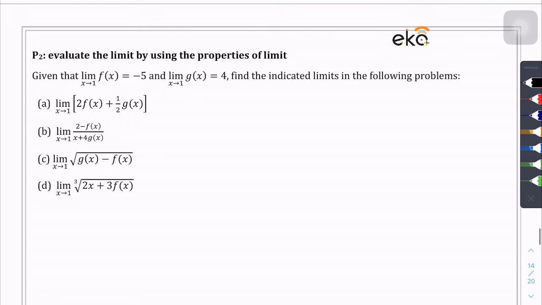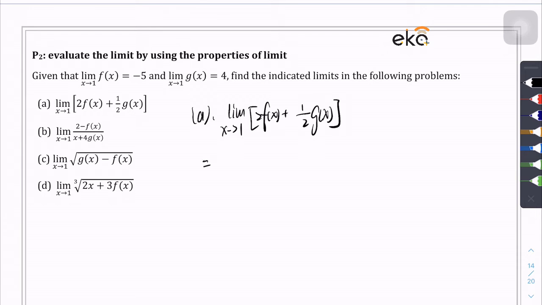Part 2. Evaluate the limit by using properties of limits. So a: the limit as x approaches 1 of 2f(x) plus 1/2 g(x). Then we use this rule right here.